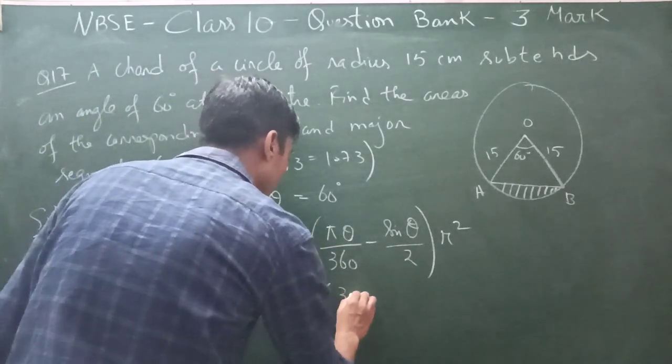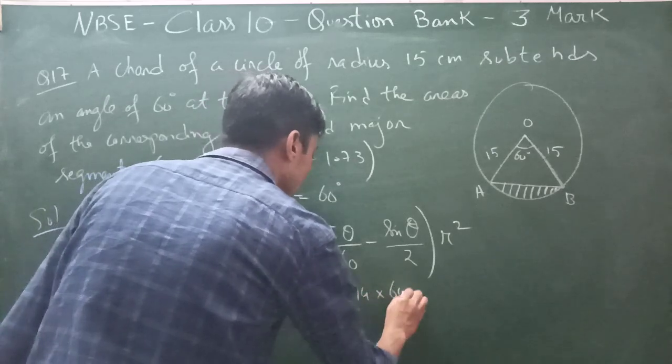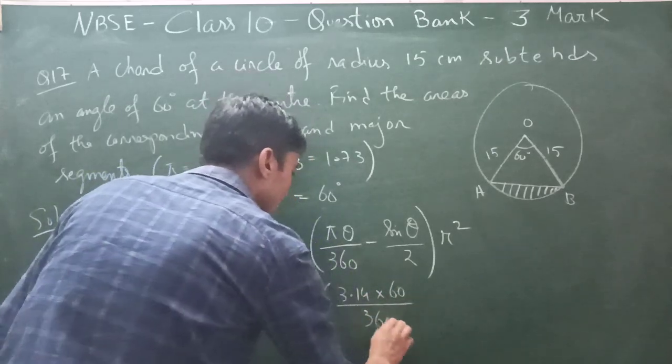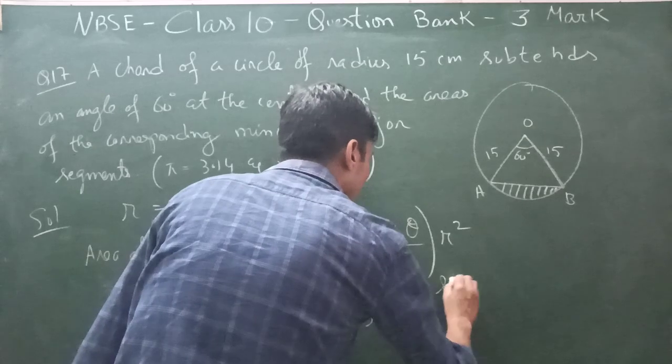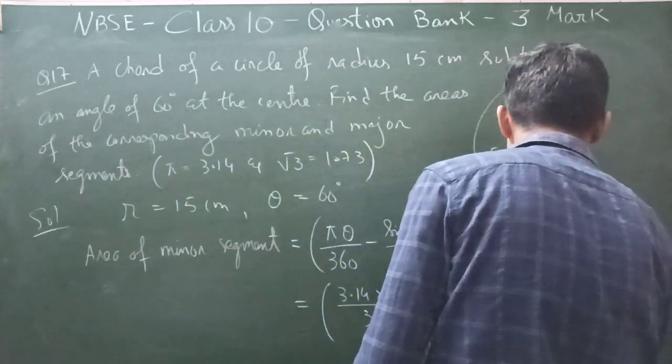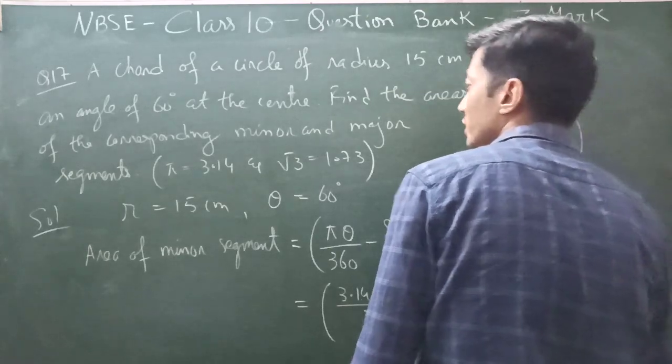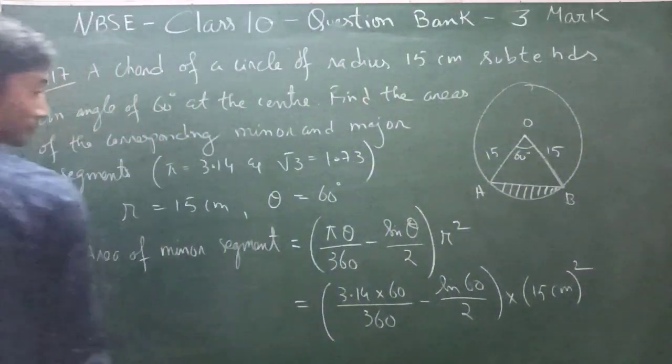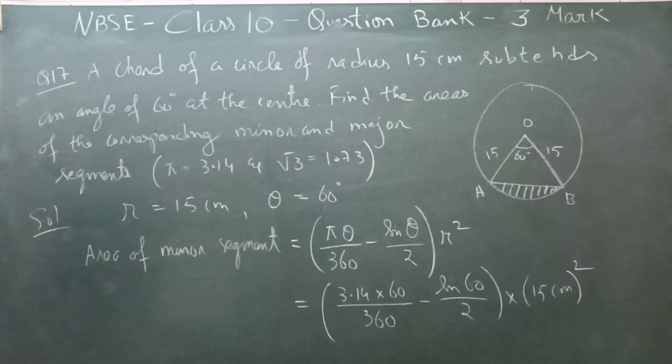So that's like pi value 3.14, theta 60 divided by 360 minus sine 60 divided by 2 into square of the radius. Radius was 15 centimeter whole square. Job is to now solve this.